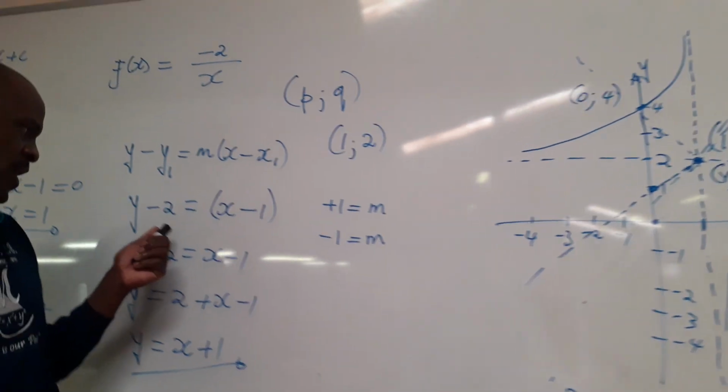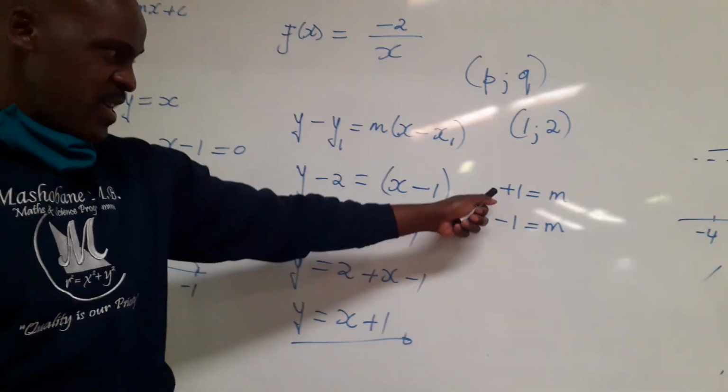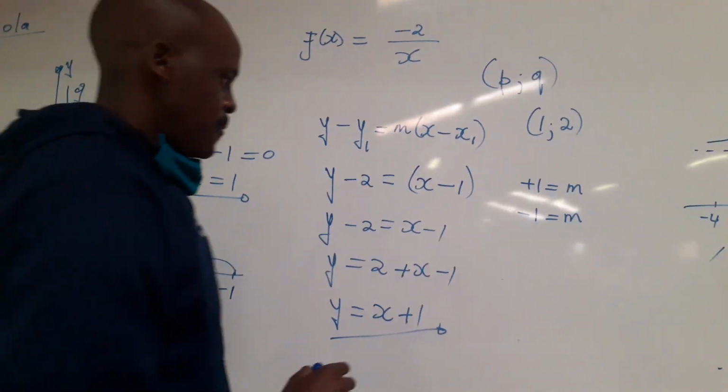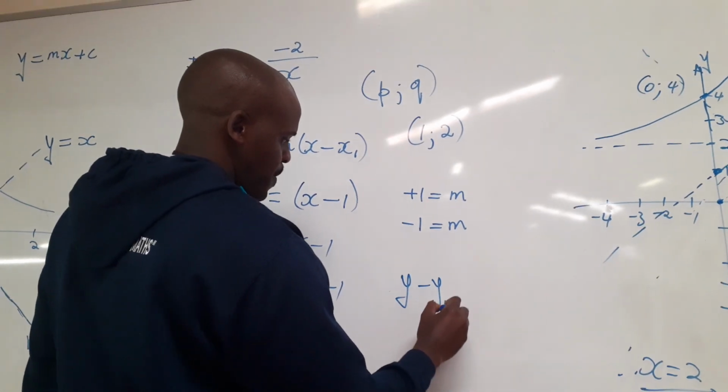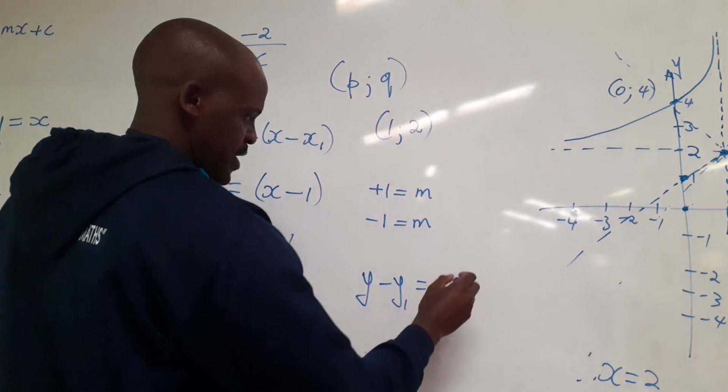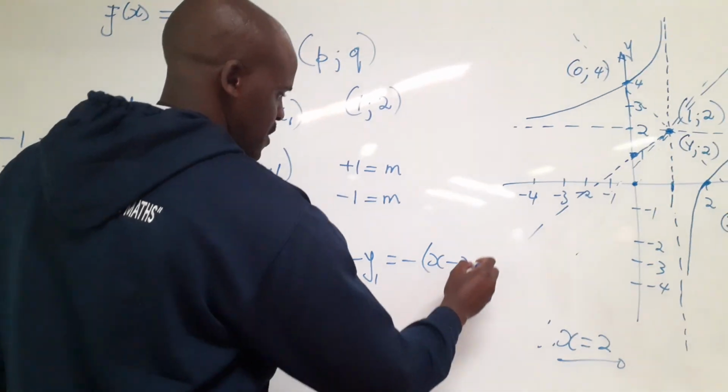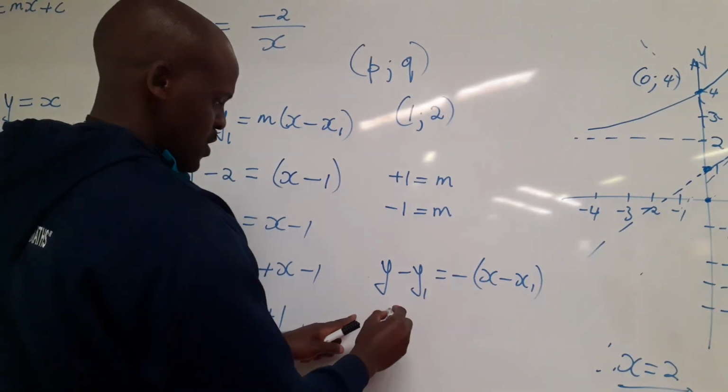Let's find the one with a negative gradient. Remember, gradient is plus or minus. It will be y minus y1 equals negative, our gradient, x minus x1. And then we substitute.